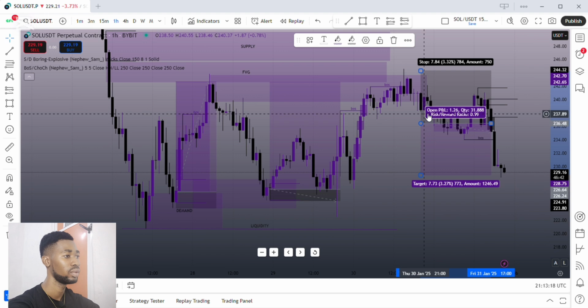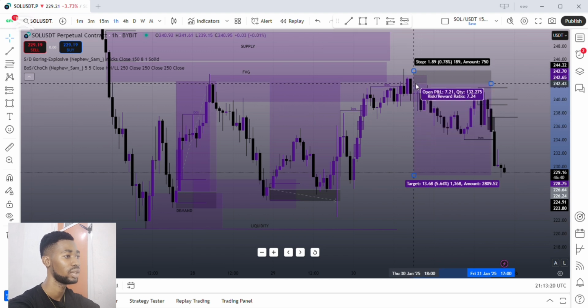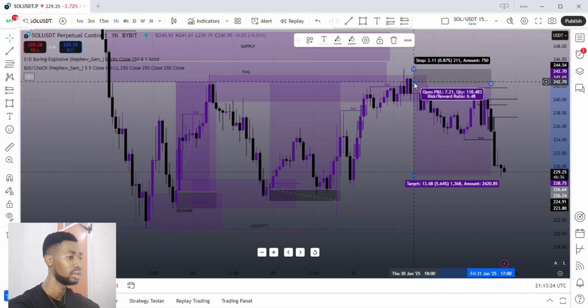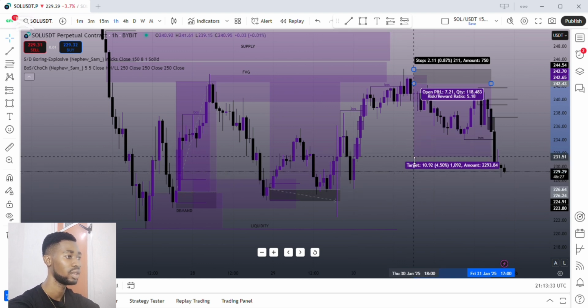Find that beautiful sniper entry using the 1 minute time frame like this, and then target the last sell before the buy, and that's a 1:4.8, something around that.